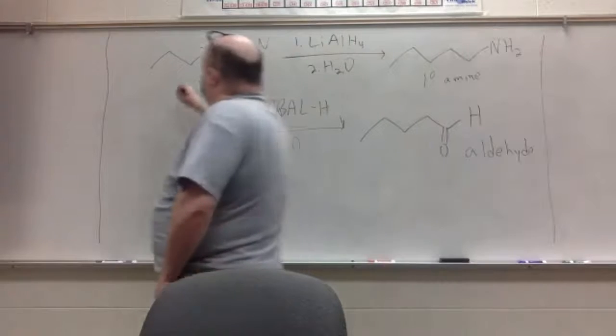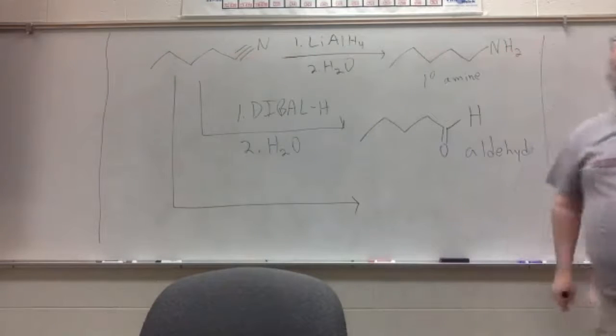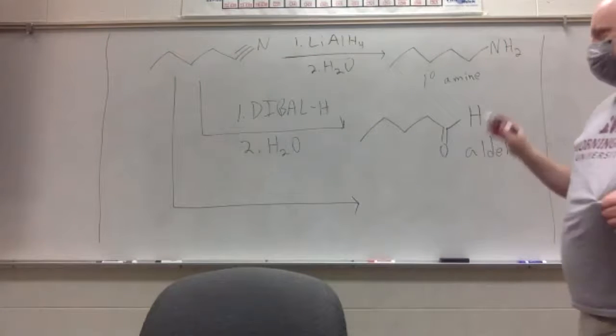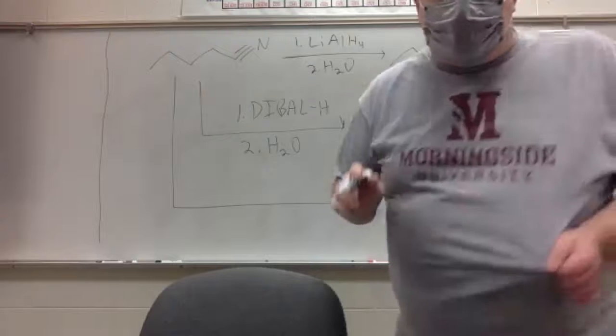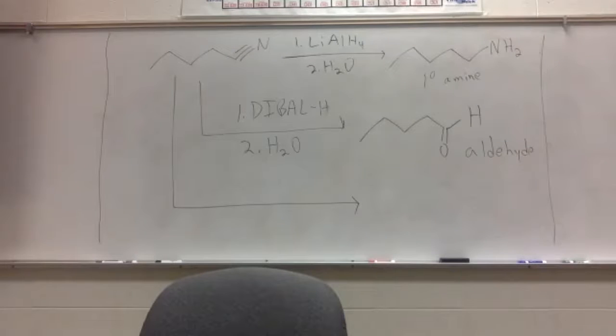All right, one other thing that you can do, and I'll just draw another arrow. You can also react nitriles with strong organometallics. So this works with either Grignard or organolithiums. Doesn't do anything with organocuprates.